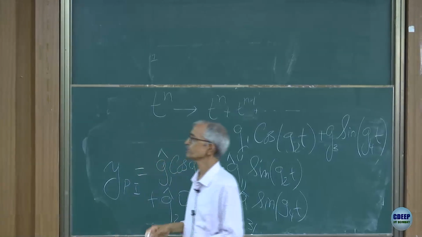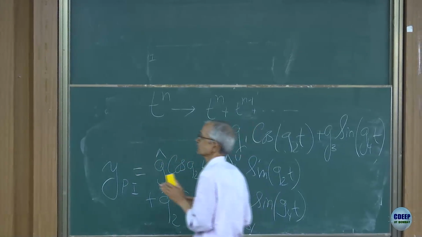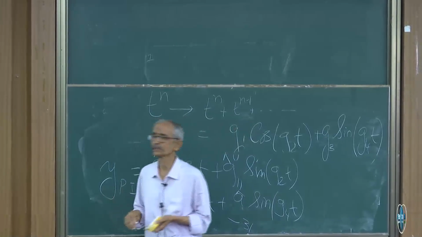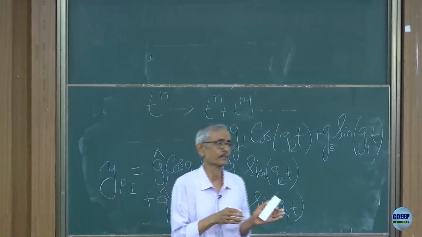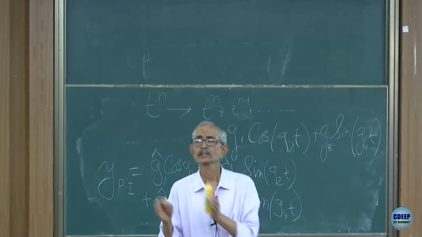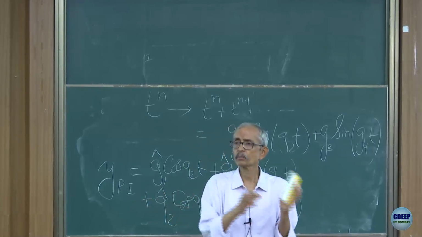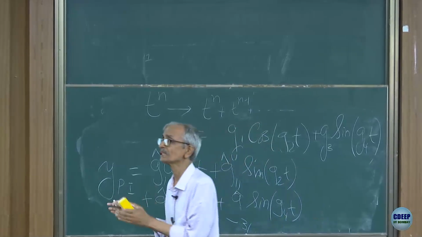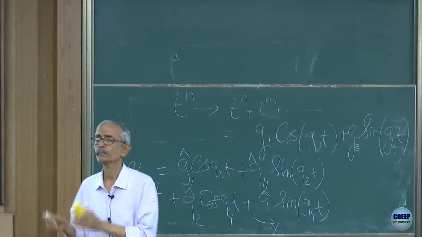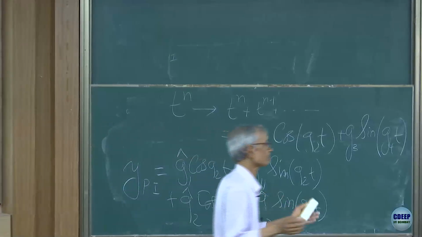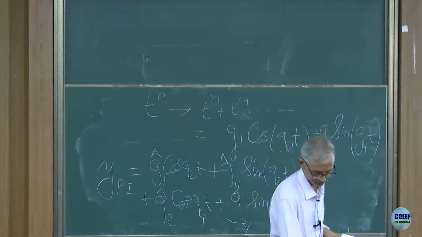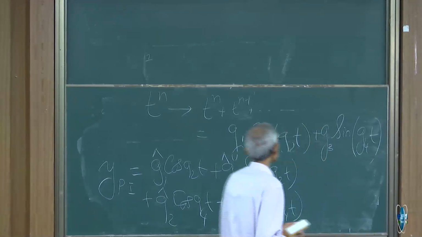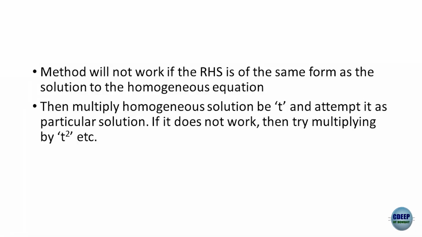Basically what we are saying is that you guess the form of the solution to be the same as what is on the right hand side. You hope that the particular integral is going to be related to the right hand side, plug it in, and then it is just brute force algebra. Now what happens if the right hand side is the solution to the homogeneous part?